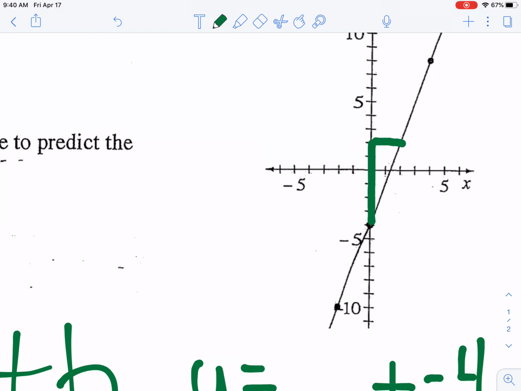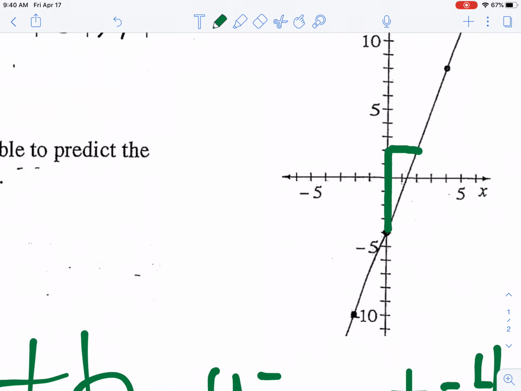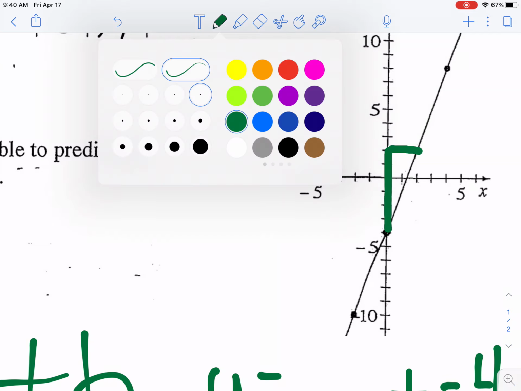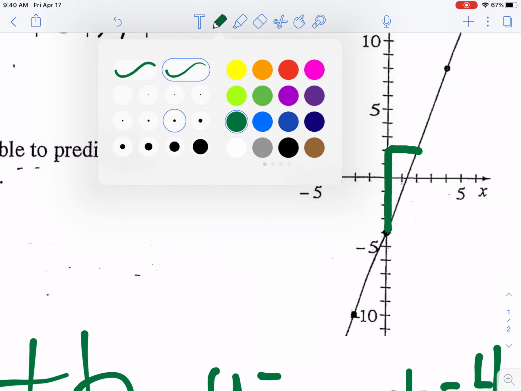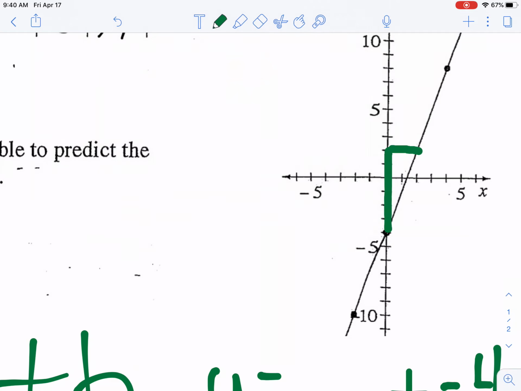Okay, so the rise of that line, how many units up is it? I need to make my point smaller. So we have 1, 2, 3, 4, 5, 6 high.